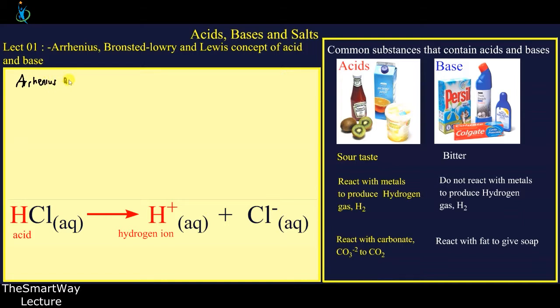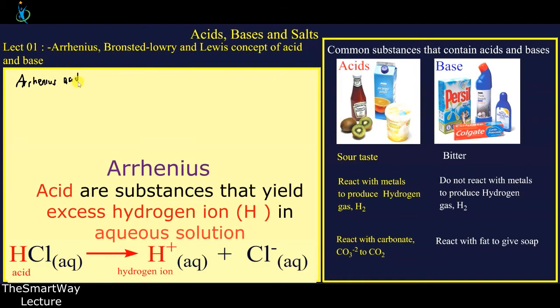Arrhenius acid. These substances, he said, yield excess H+ ions, that is hydrogen ions, in aqueous solution. Therefore, it means that his acids must contain hydrogen atoms.